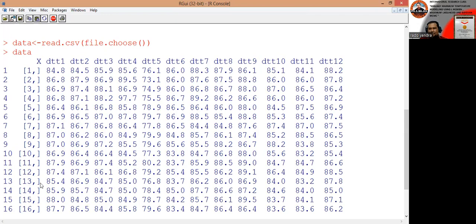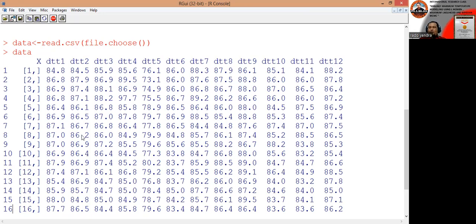For each year, we take the maximum temperature. So, of course, if we have 21 years of data, automatically we have 21 data, because for each year, we take only the maximum data.